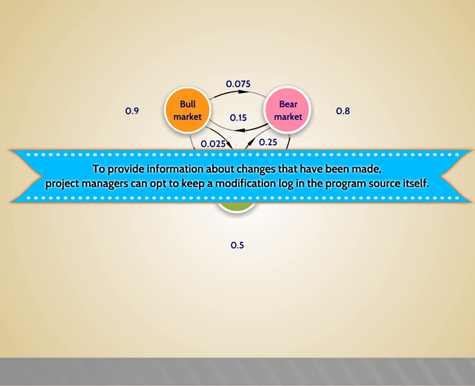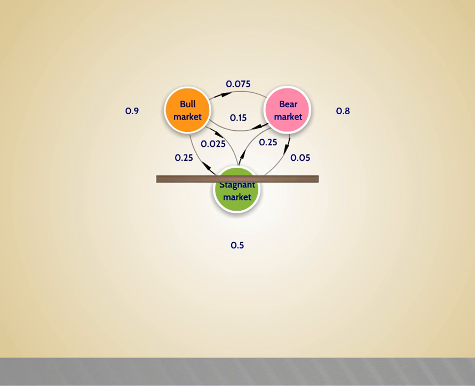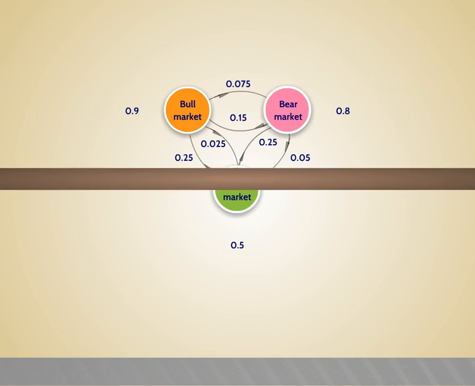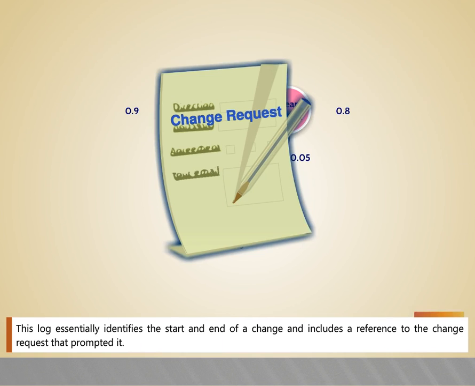To provide information about changes that have been made, project managers can opt to keep a modification log in the program's source itself. This log essentially identifies the start and end of a change and includes a reference to the change request that prompted it.